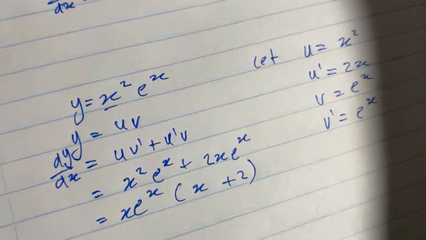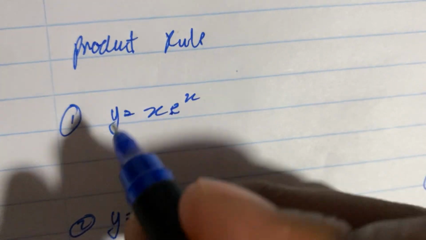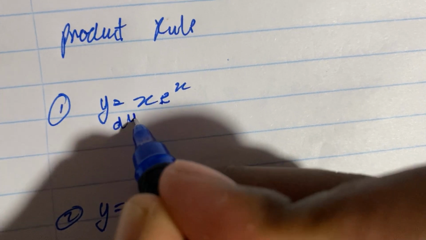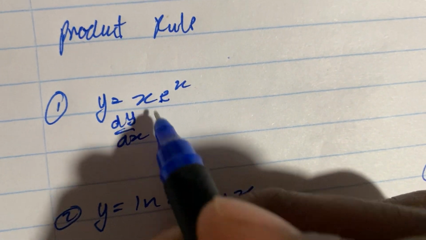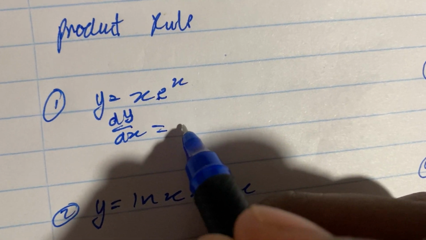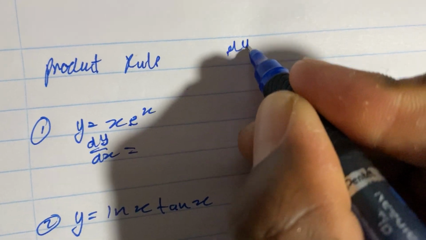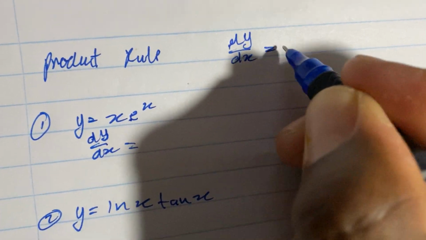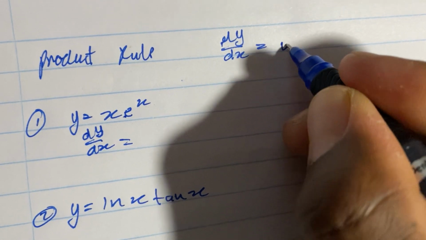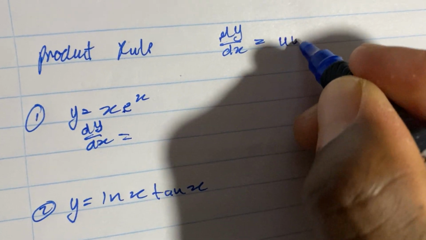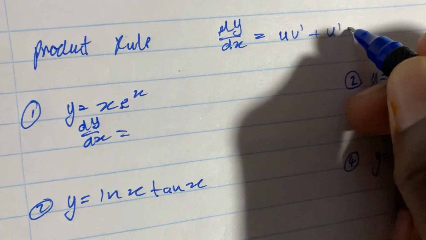Okay, now let's do another example. These are examples that I just made. So dy over dx of this equation will be u v prime plus u prime times v.